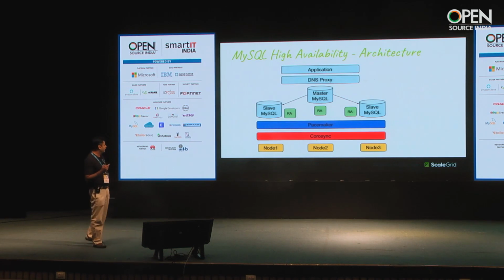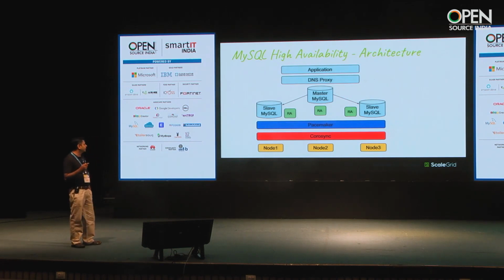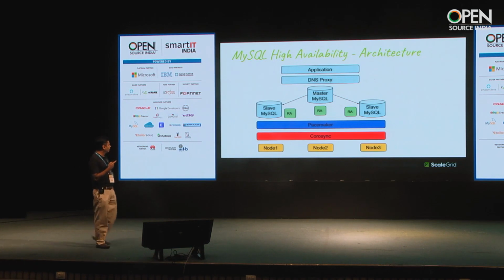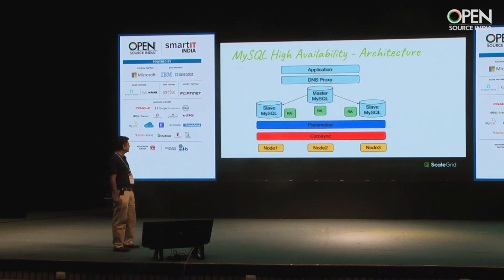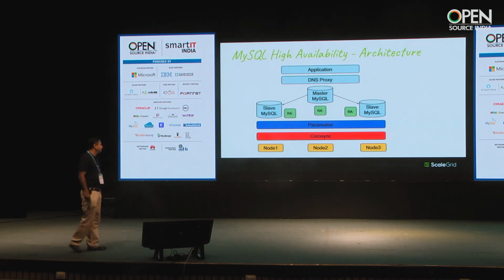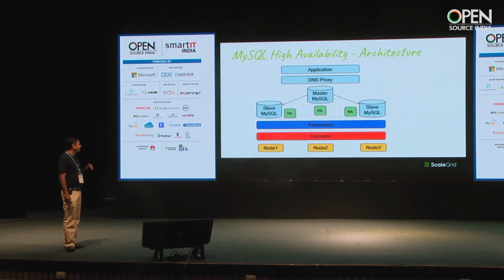And then at the bottom, you have Pacemaker and Corosync running across the 3 different nodes that we have set up here. You can also see a small component called RA, which is in green, which is nothing but a resource agent, and it helps the Pacemaker to interact with the resources.